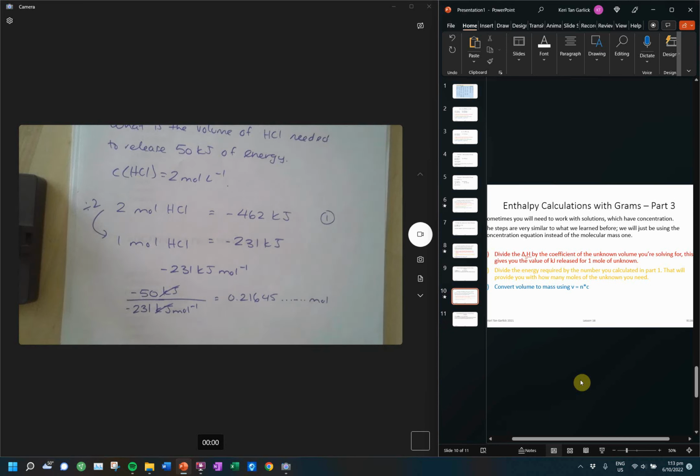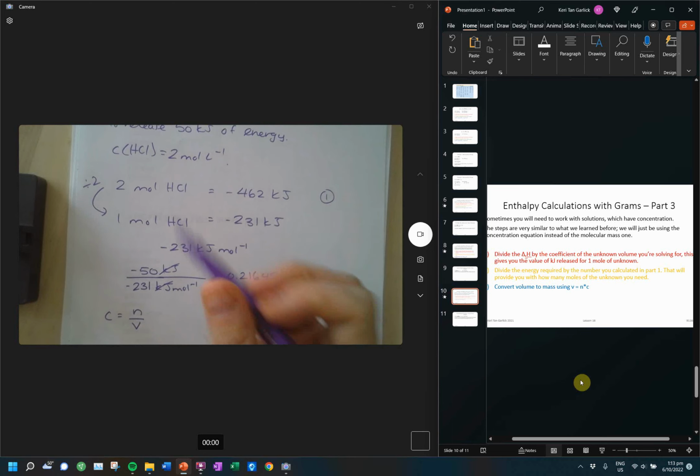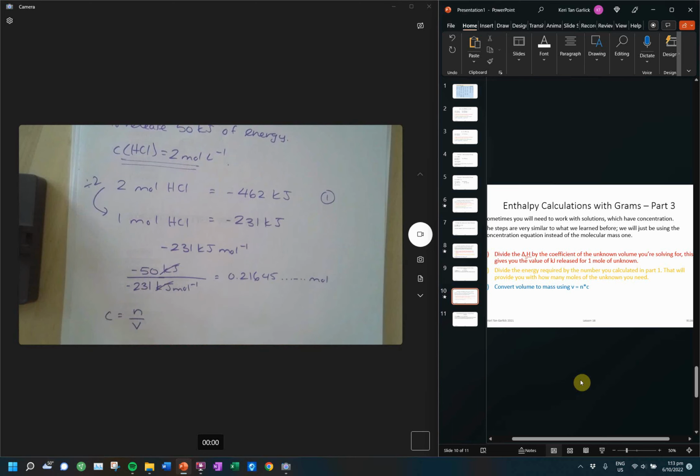Now I'm going to figure out volume. Concentration is equal to moles divided by the volume. I have been given concentration up here, which is 2 moles per liter, and I'm basically solving the equation for V. There are lots of different ways you can do it. The first way is by rearranging the equation. If I multiply each side by V, that cancels out. Divide each side by C, cancels out.